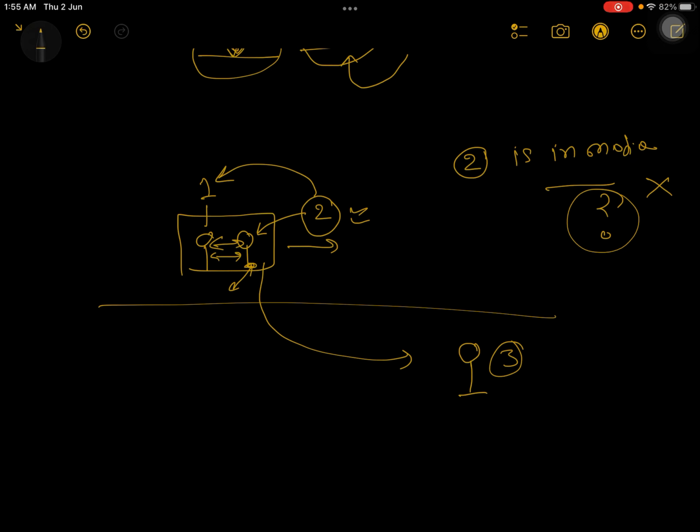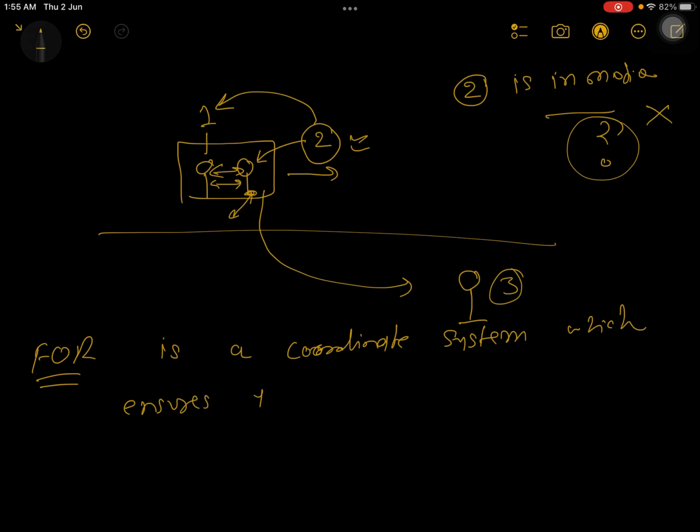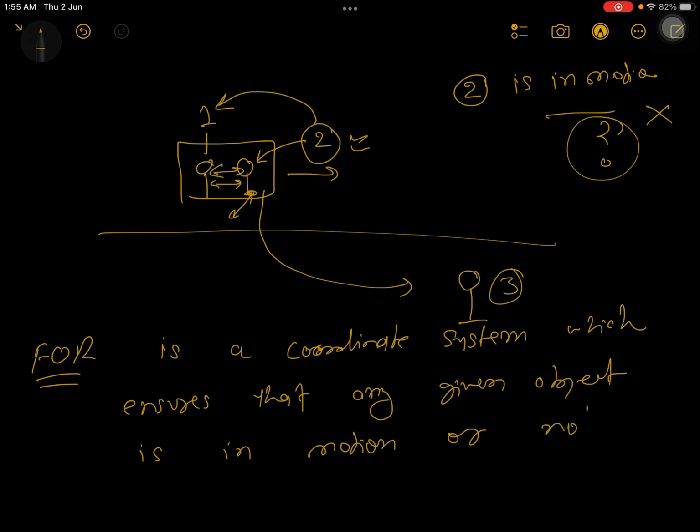So frame of reference gives you an idea whether, with respect to the frame of reference, your position is being changed or not. So frame of reference is a coordinate system which ensures that any given object is in motion or not.